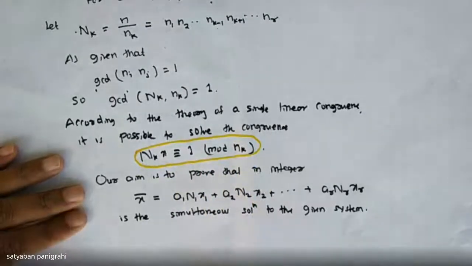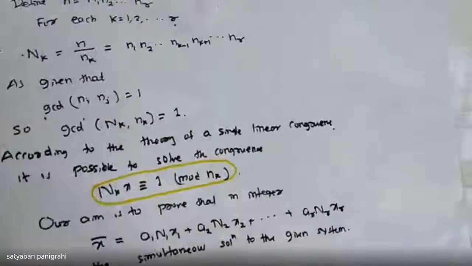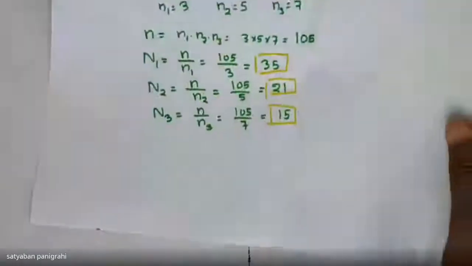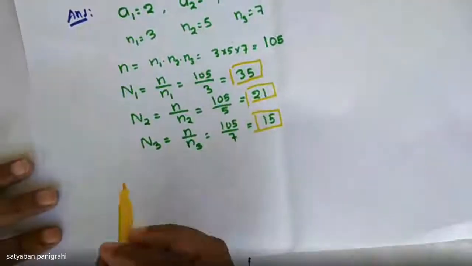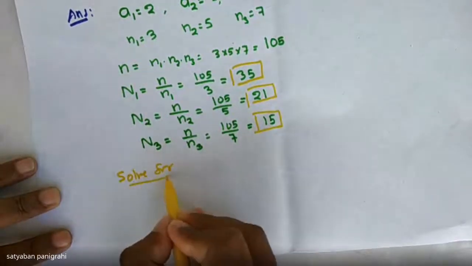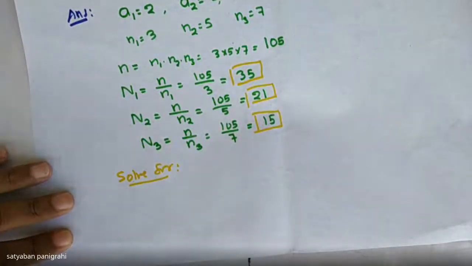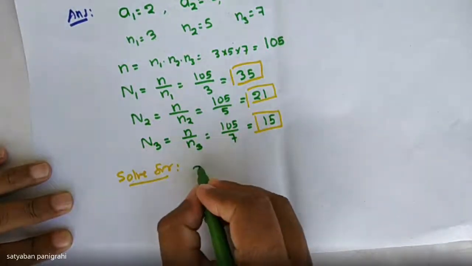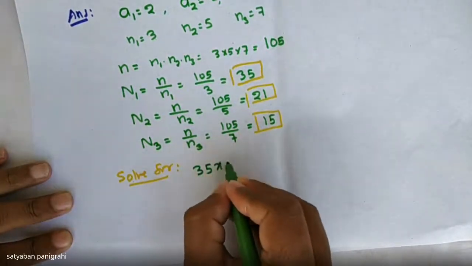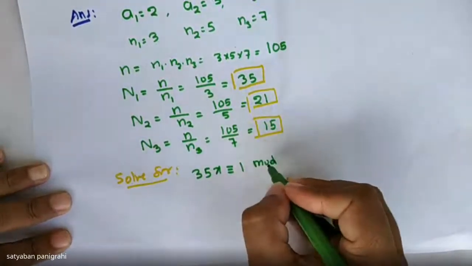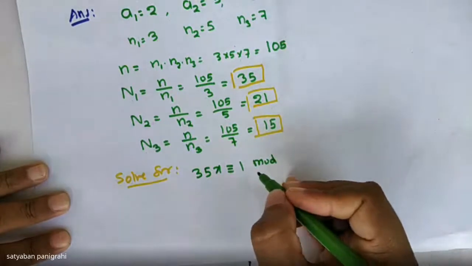That means now we have to solve for completeness. Capital N1 is 35, so 35x congruent to 1 mod small n1, which is 3.